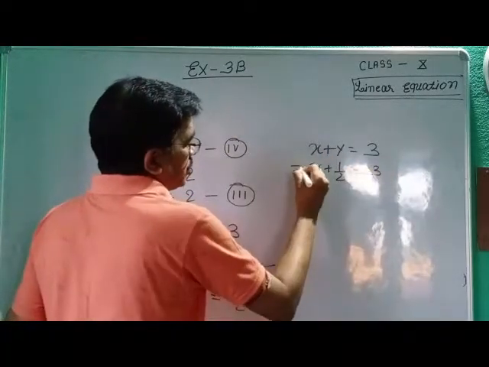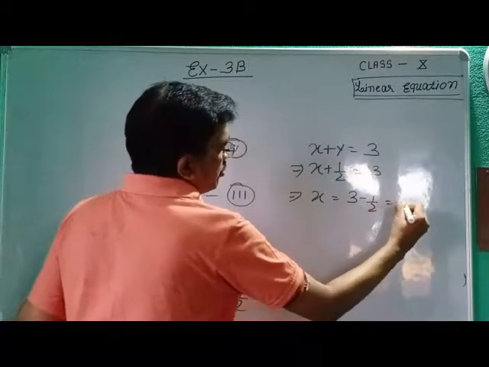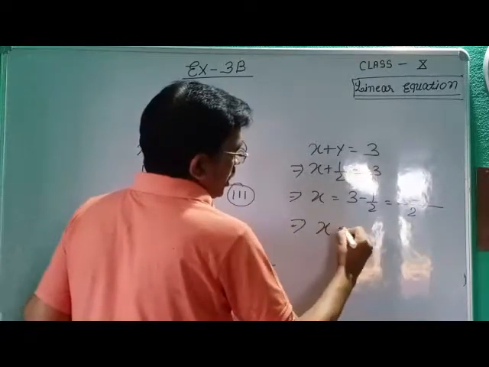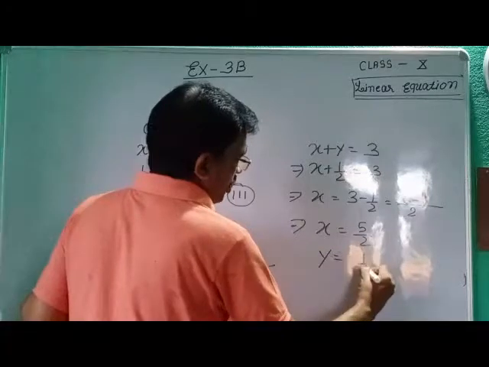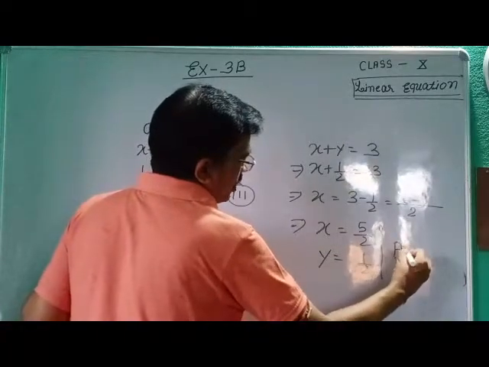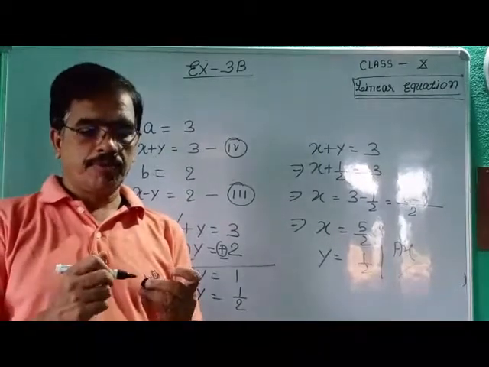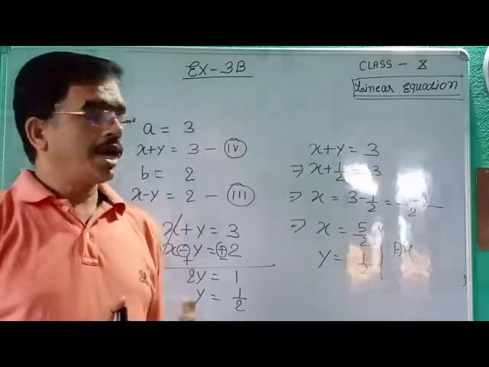So x is equal to 3 minus 1 by 2, that is 6 minus 1 by 2, so x is equal to 5 by 2. So y is equal to 1 by 2 and x is equal to 5 by 2. This type of equation is solved in two steps: first suppose x plus y is equal to a and x minus y is equal to b, and then solve it.